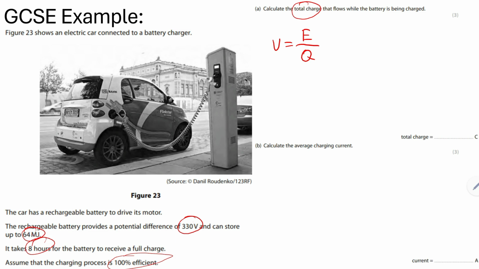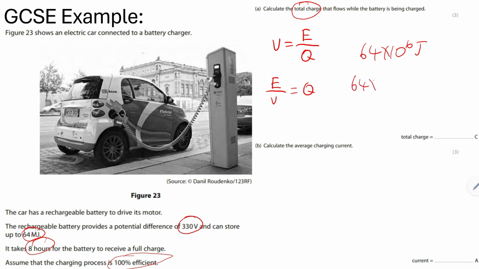And so we need to rearrange for charge. And when we do that, we will get E over V equals Q. But don't get caught out, as it is 64 megajoules. So instead of 64, we're going to do 64 times 10 to the power of 6 joules.